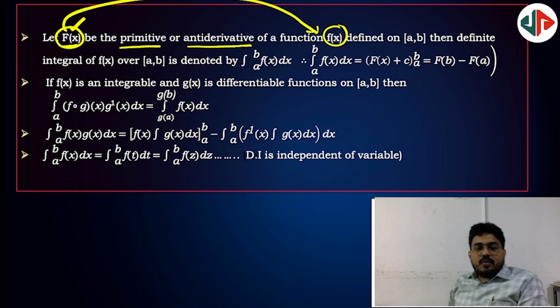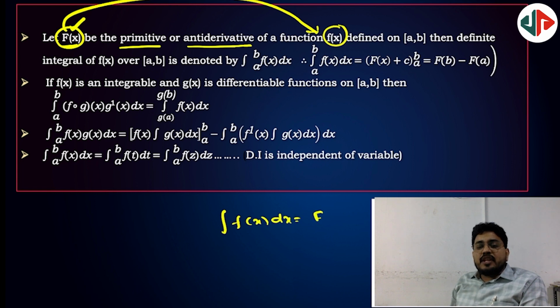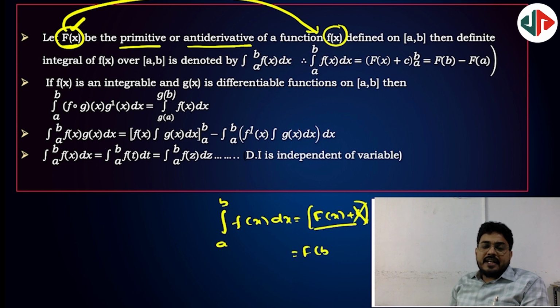Integral f of x dx is generally written as F of x plus c. But when you apply the limit a to b, you will not take this c value. Directly you will be writing F of b minus F of a.